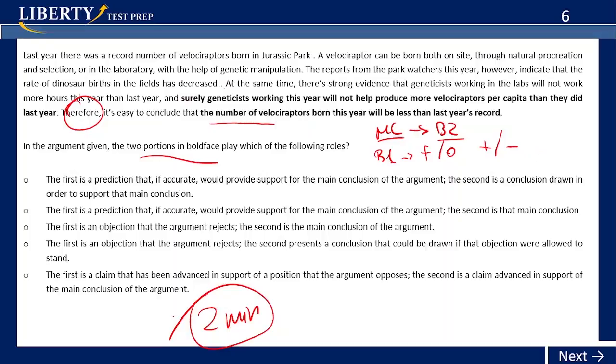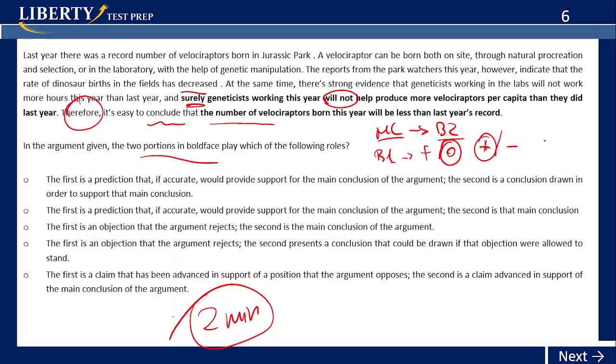Boldface number 1 says surely geneticists will not help produce more velociraptors. This is something in the future. This is surely, but something that's going to happen in the future. Therefore, that's an opinion. Okay, opinion that goes with the conclusion. So it is basically a basis in order for this author to conclude something, right? So that's a positive relationship. And boldface number 2, of course, we already know that's the main conclusion.